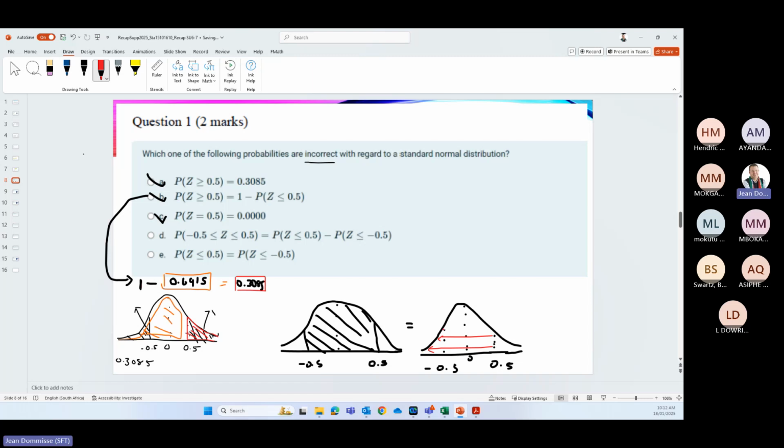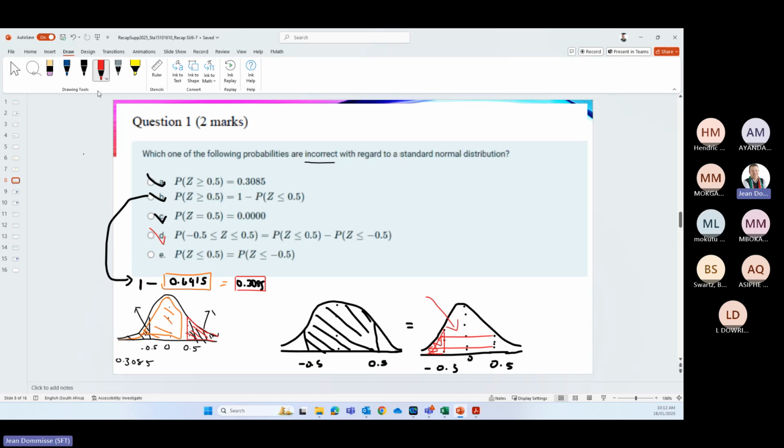We take away this component, because that's the minus 0.5. So what we are left with is everything between minus 0.5 and 0.5, which is what we have here. So that is also correct.